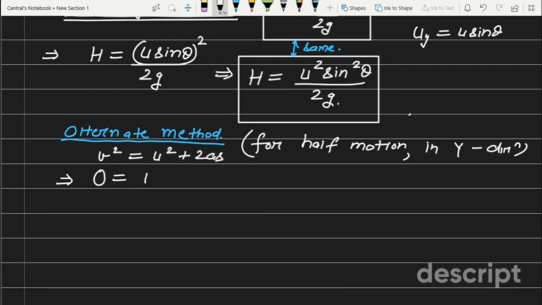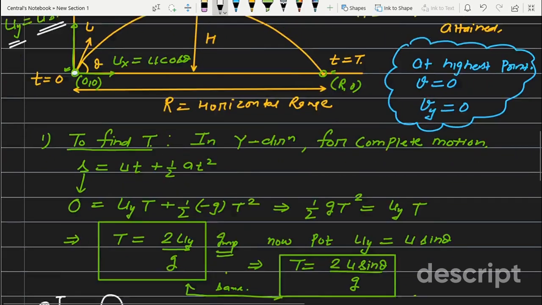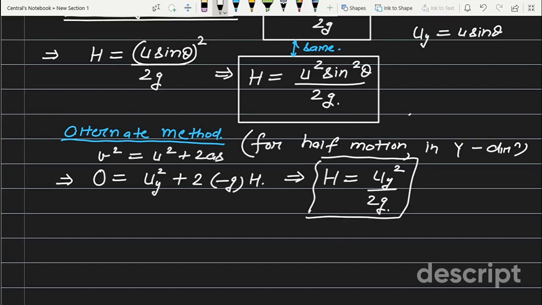Final velocity is 0, initial velocity is uy, plus 2 into acceleration, which is minus g as the upward direction is taken as positive, into displacement h. So h equal to uy square by 2g.